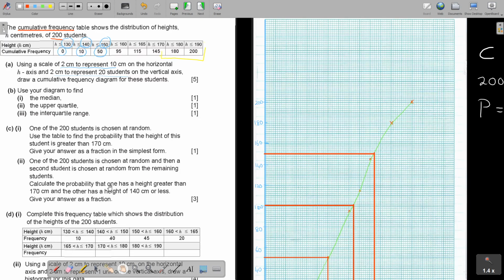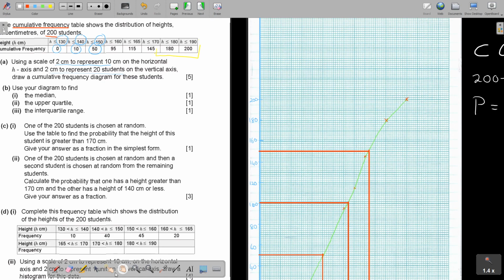Calculate the probability that one has a height greater than 170 and the other has a height of 140 or less. Okay, so if I'm looking at this one, what is the one? Okay, it was the 55. I'm having that probability, but I must first just quickly get the probability. Other has a height 140 or less.